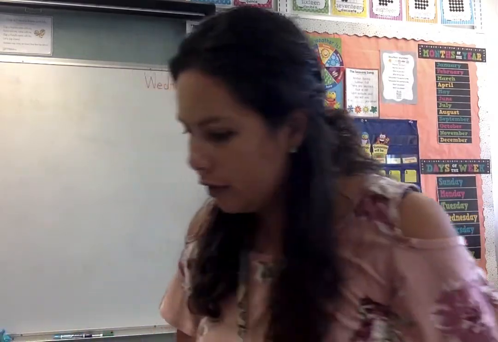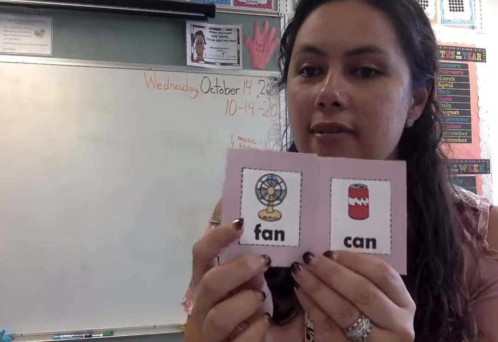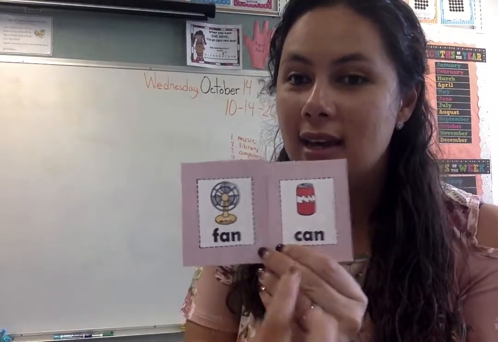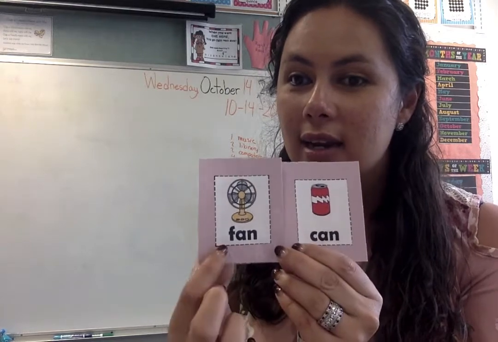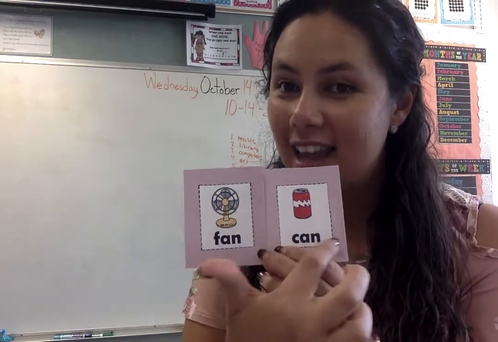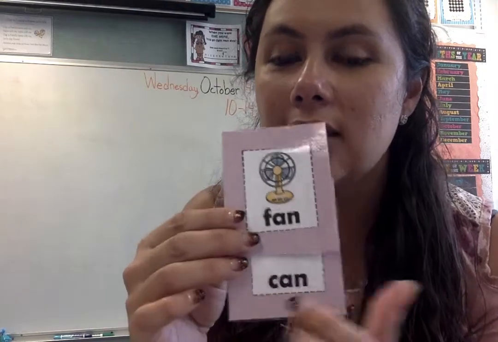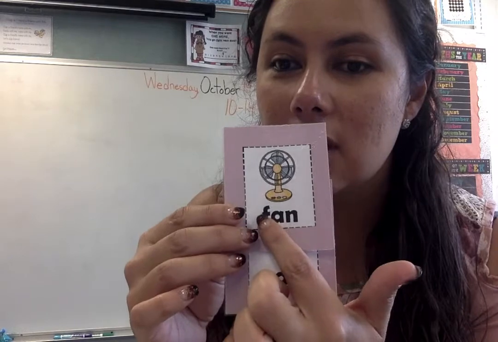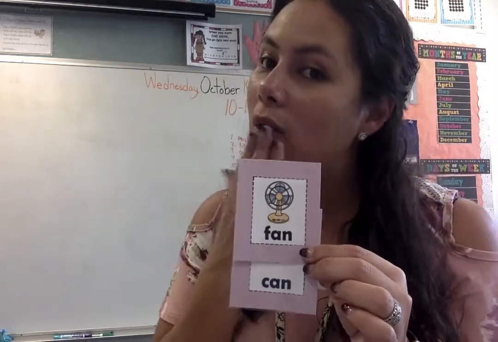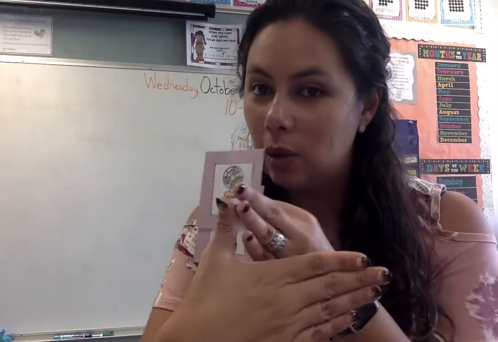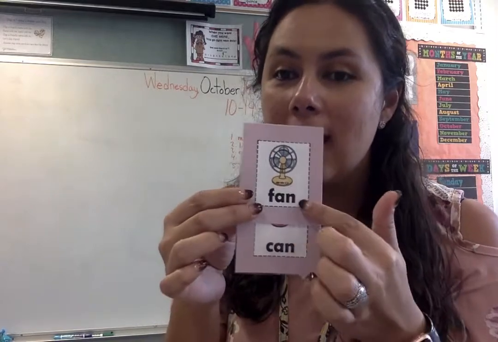And one more for this one. We have fan, can. And the onset is k, k, k. The onset is, again, the very first letter, the very first sound that you say when you say the word. That's why we use our thumb. The rhyme is the last part of the word.